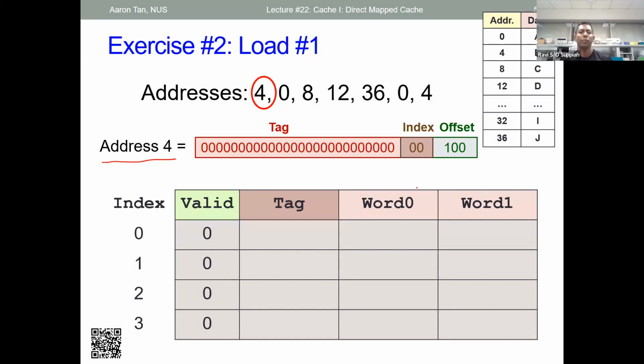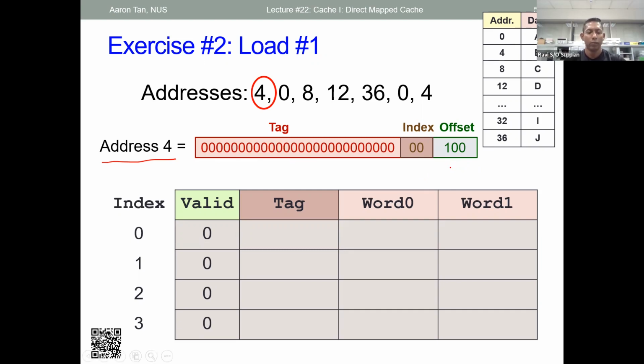What I'm saying is now my processor wants to get some data from an address location, and that address location is address 4. So this value 4 in binary is this, correct? Yes. This goes out on what we call the address bus of the system.